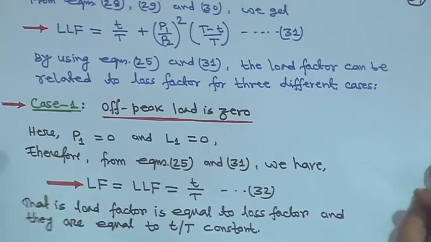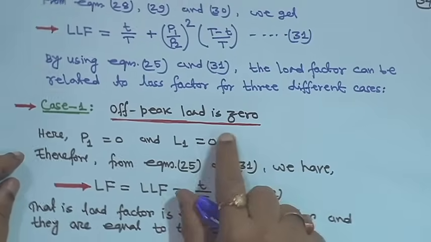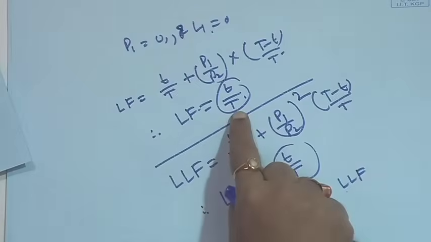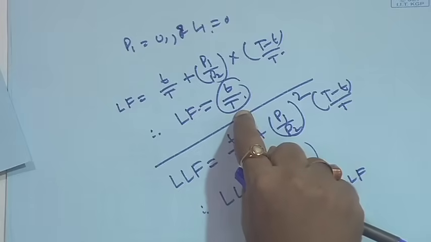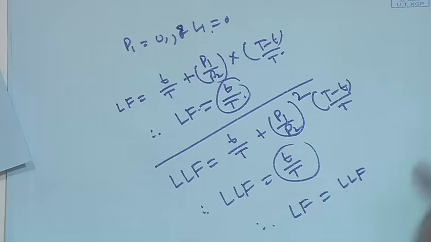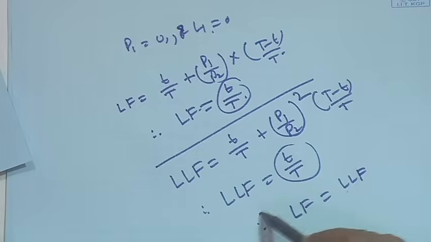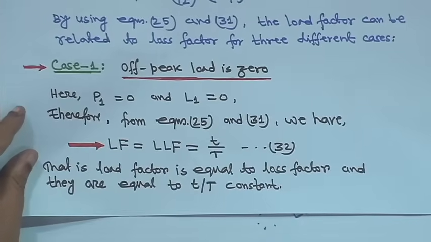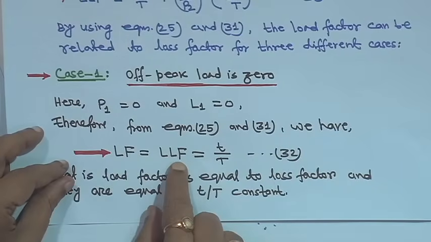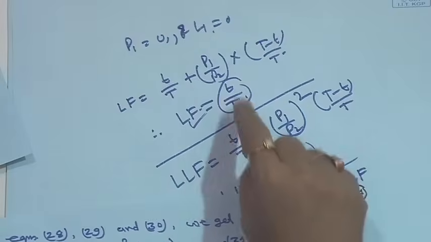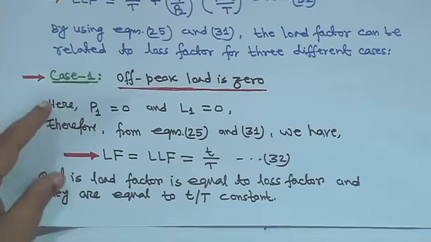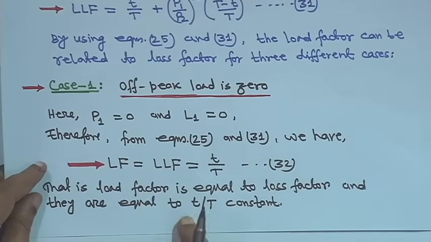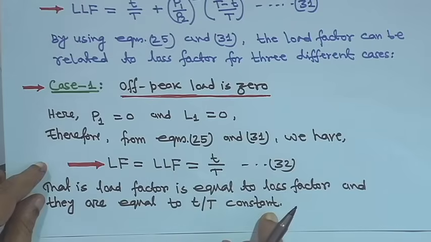So if off-peak load is 0, from equation 25 we get LF is equal to small t by capital T, and from 31 we also get LLF is equal to small t by capital T. Therefore, LF is equal to LLF is equal to small t by capital T. This is equation 32: load factor is equal to the loss factor, and they are equal to small t by capital T, a constant.